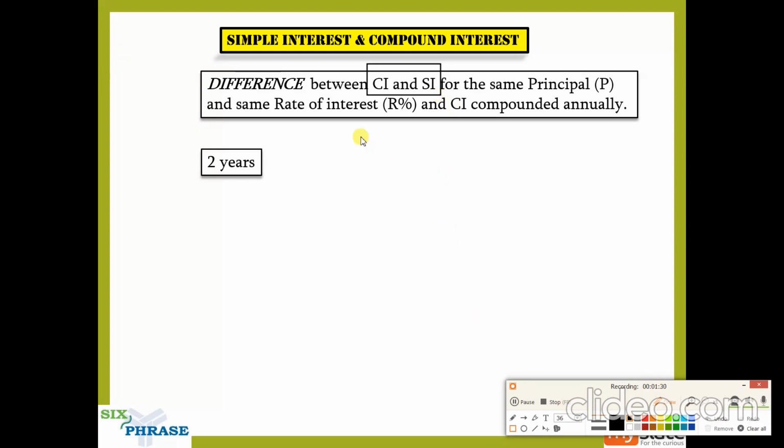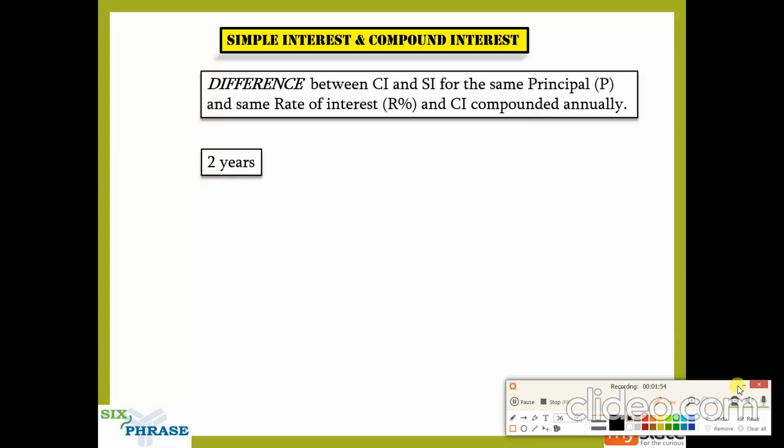So that is why CI comes first and SI comes next. For the same principal and rate of interest, both the same, and CI compounded annually. So this will also be mentioned. If nothing is mentioned, it means they are compounding annually. If they are compounding half yearly, they will explicitly mention it in the given question.